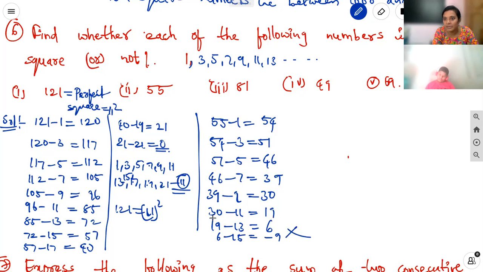So it is not 0. So 55 is not a perfect square.